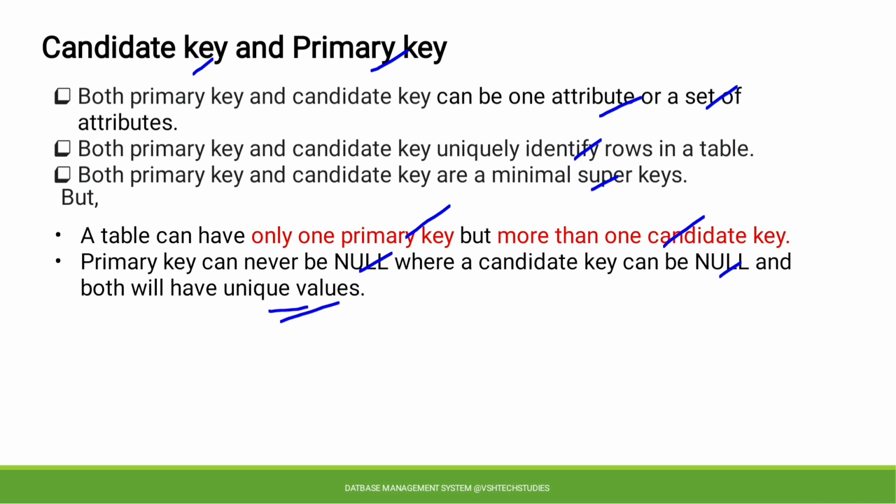So one concluding statement is primary key cannot have duplicate values and can never be null also, whereas candidate key cannot have duplicate values, like primary key, but it can be null also. So that is the difference between primary key and candidate key. Both cannot have duplicate values, whereas primary key is stricter than candidate key. That is, primary key can never be null, whereas candidate key can be null.